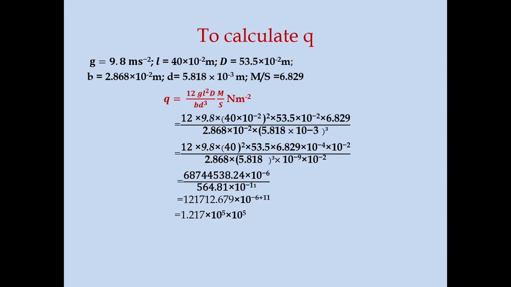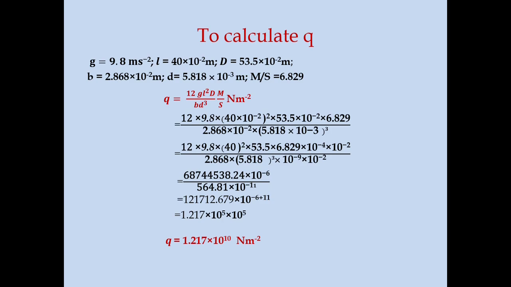So you will get 121,712.679 into 10 power 5, and pulling the powers outside, you will get 1.217 into 10 power 5. Again from the powers in the previous step, you will have another 10 power 5. So you will get 1.217 into 10 power 10.